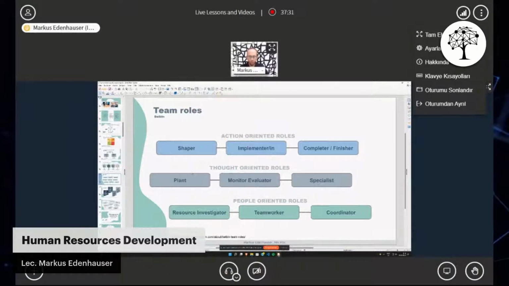So, for example, in a company, maybe we merge some teams, or we have to create a new team.